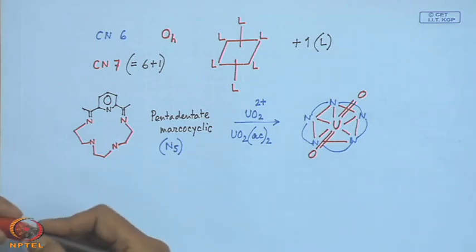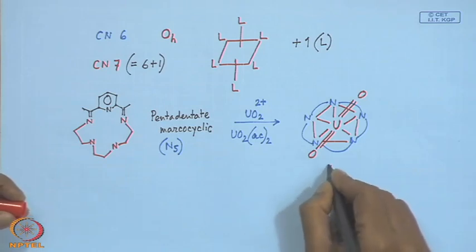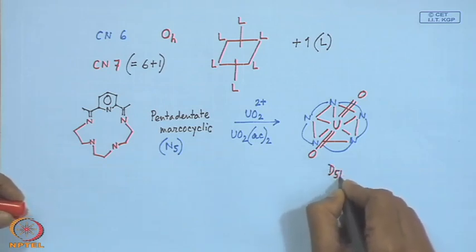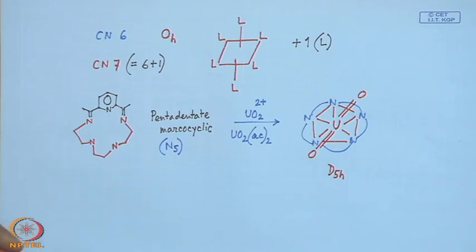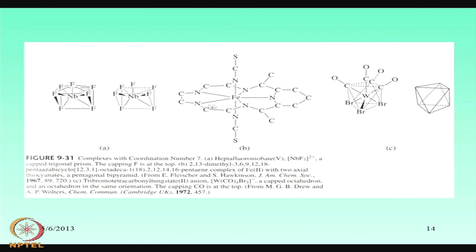So, we get a pentagonal bipyramidal geometry where the symmetry would be D5h. So, we get also a macrocyclic ligand where the restrictions are there for this geometry. This is also another type of ligand system where we have 5 donor atoms in one particular plane, and if it is an iron center, one will be bound above the plane, another will be bound below the plane.